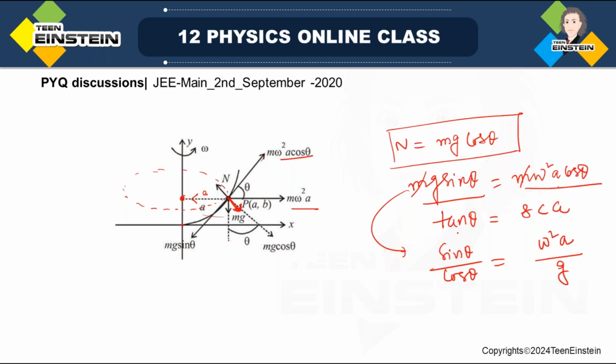This tan theta is also given by 8ca, so 8ca equals omega square a by g. Now if I simplify this, I have to find omega, so from this equation omega is equal to the square root of 8gc.